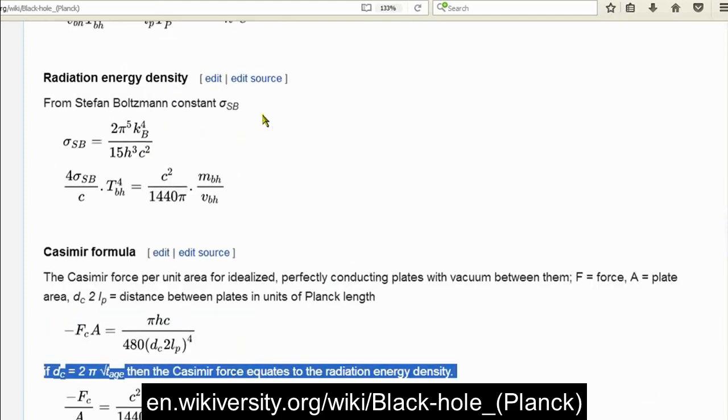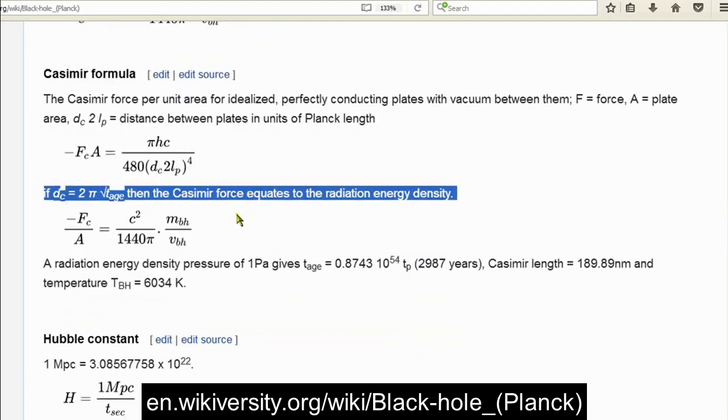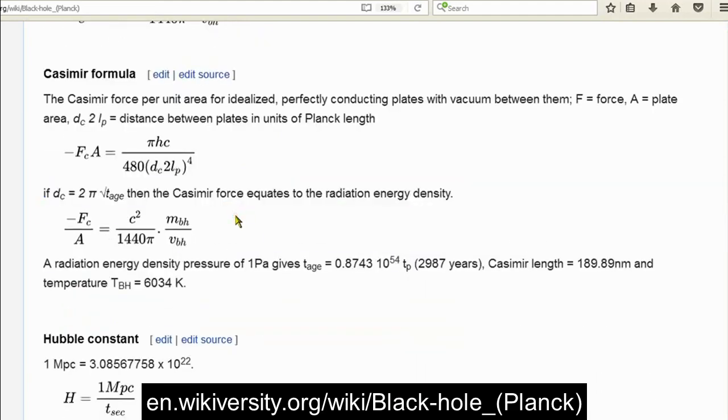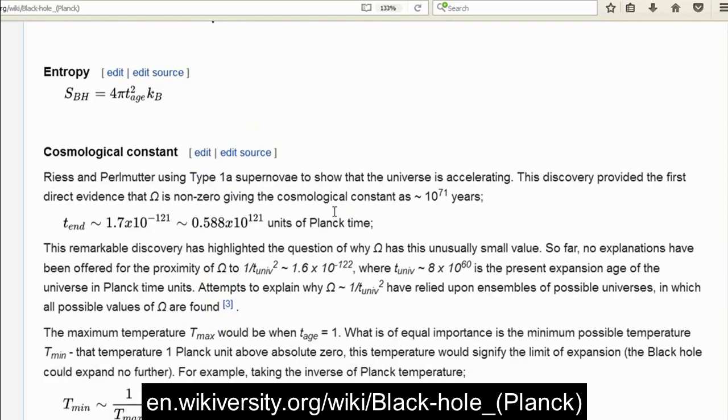So actually, in this model, in this context, the Casimir formula is simply measuring the radiation density of the universe itself, of our Planck universe. Hubble constant, black body frequency, which we'll come to later on, is also a square root. Now the cosmological constant is approximately 10 to the 121 units of Planck time.